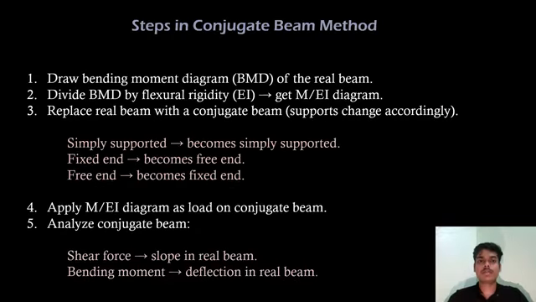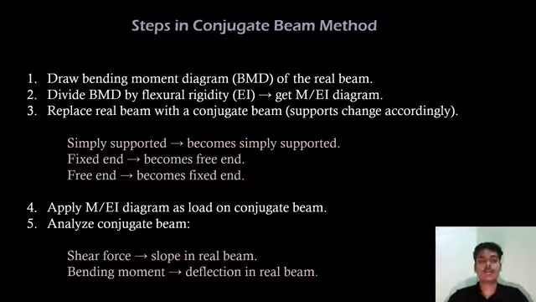Now, the steps in the conjugate beam method are as follows. First, draw the bending moment diagram of the real beam. Second, divide the bending moment diagram by the flexural rigidity EI, which is a constant, to get the M by EI diagram.